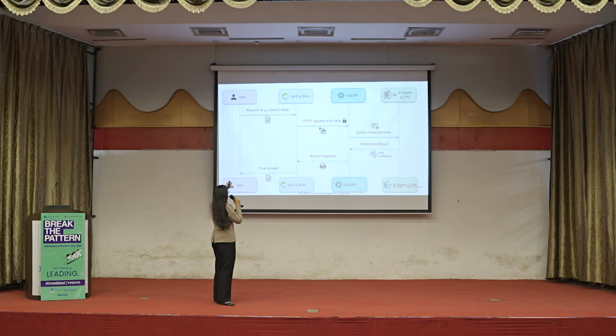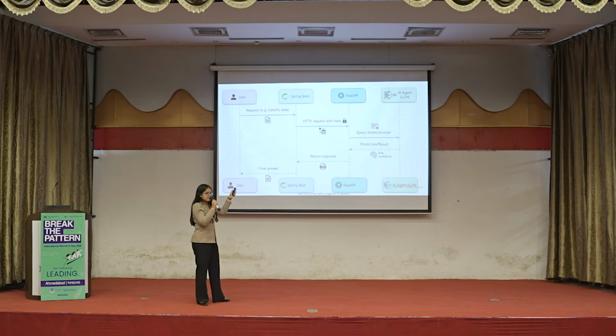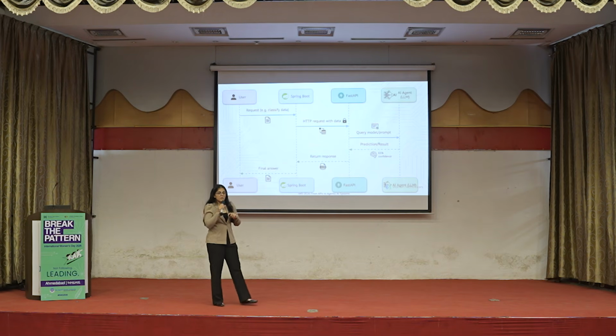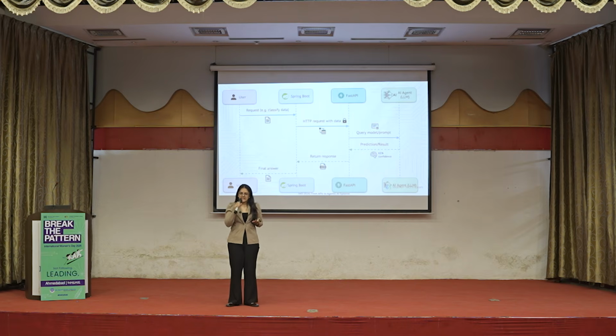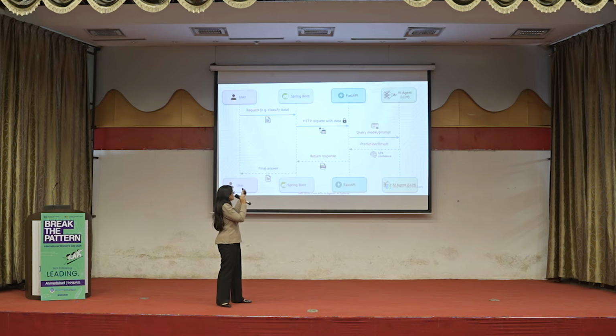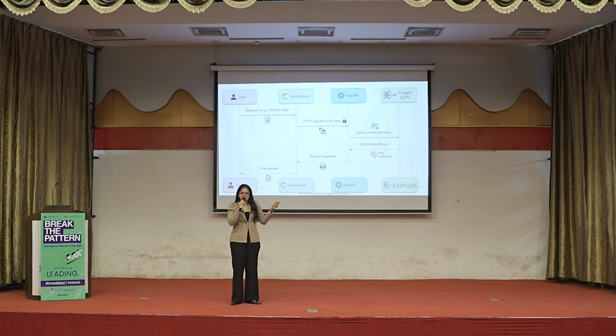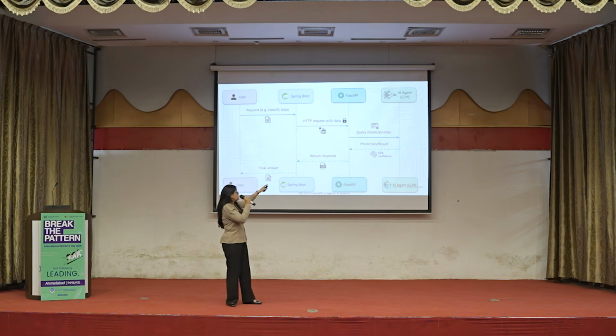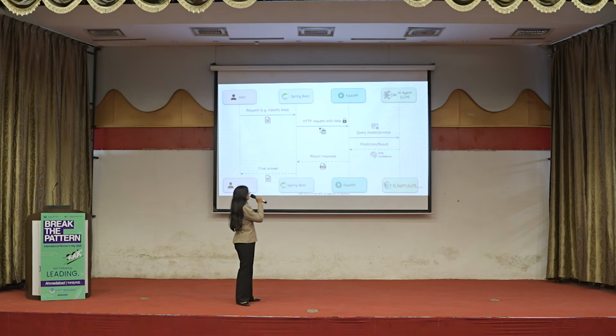Yeah, so here when a user requests anything, your Spring Boot will handle all the authentication, logging and orchestration stuff. Then it will redirect that request to your Fast API. Your Fast API is your interface, which will act as a mediator between your request and your agent, your large language model. Then what happens when you query that model? It will return the prediction.